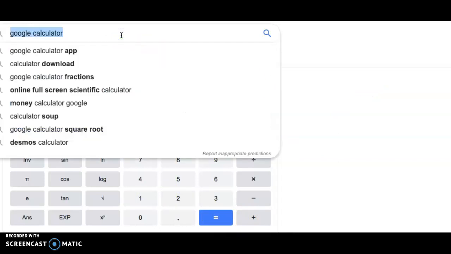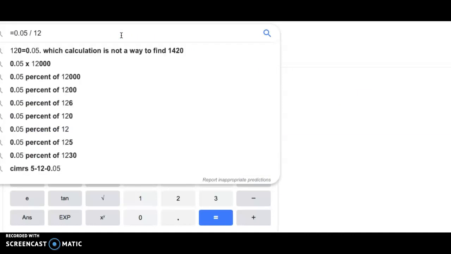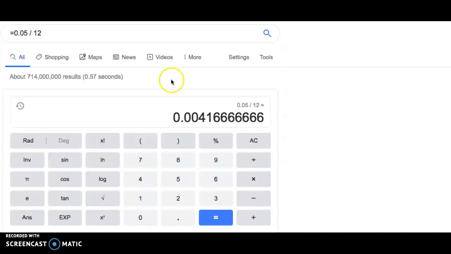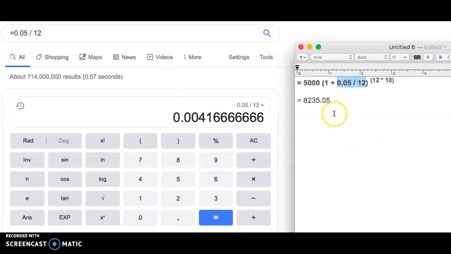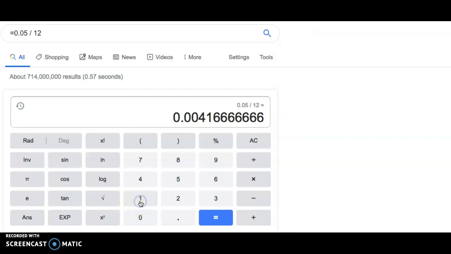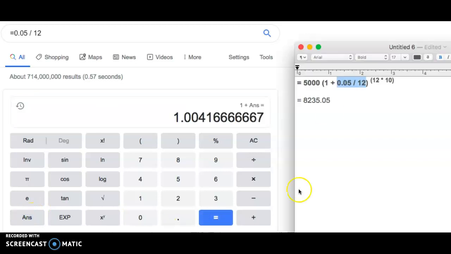Up here in my search engine, I can go equals, paste, and Google Calculator will calculate it already, okay? Then I need 1 plus my answer. So I'm going to do 1 plus my answer, okay? So now that's taken all of that information.